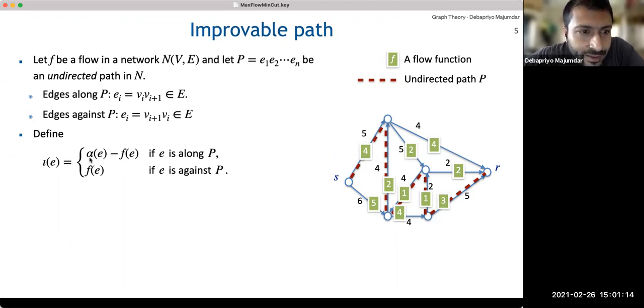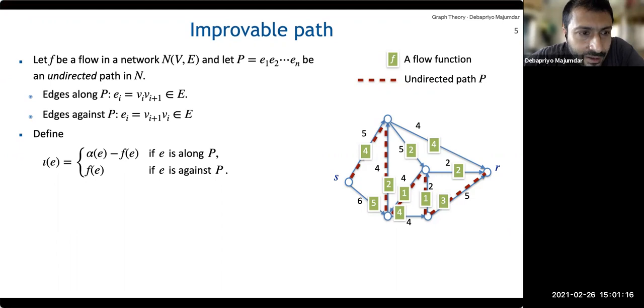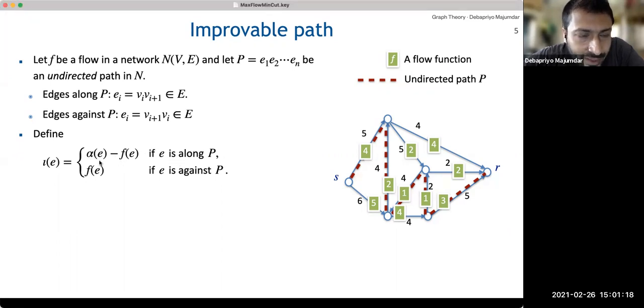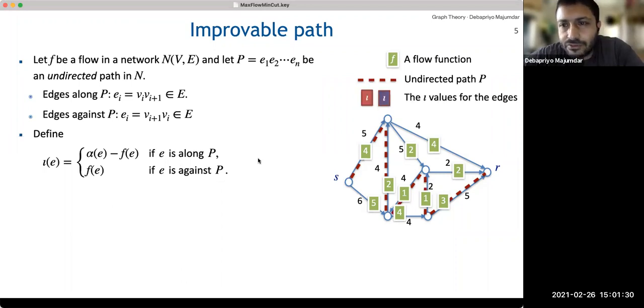If e is along P, then it is the capacity alpha minus the flow f. And it is just the flow f if it is against P. So let's do that. There are two colors here: the red one is for the edges along the path, and the purple ones are against the path, just to make sure that we understand this.